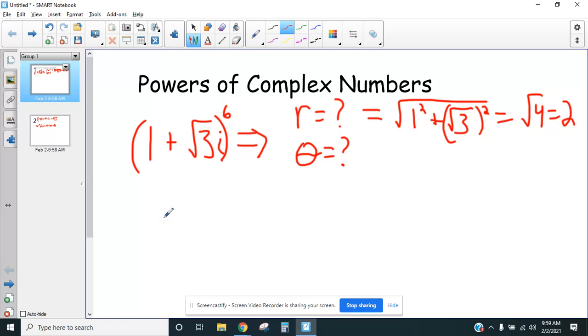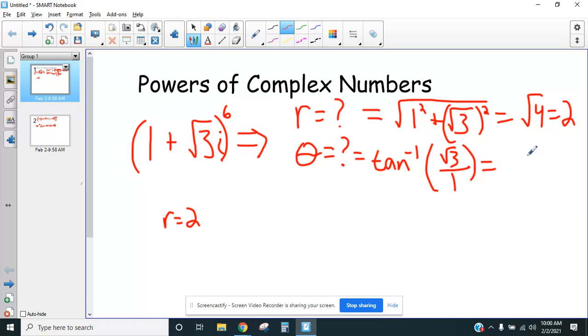Now, what's our angle? Angle is when we had to use what? You remember? Yes, inverse tangent. So inverse tangent of b over a. And we have to make sure it's in the right spot. You remember how we had to do that?